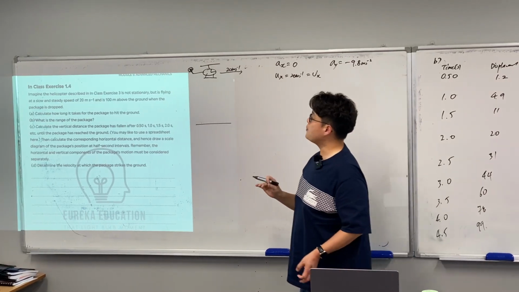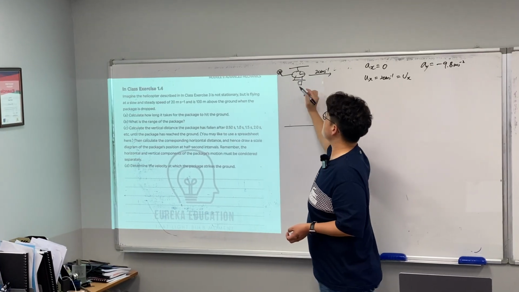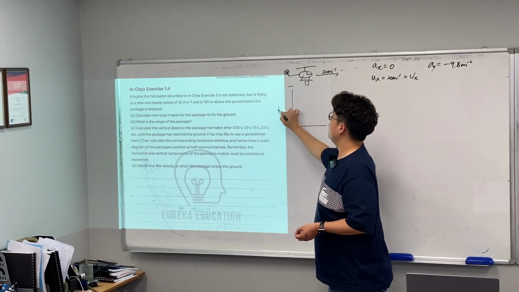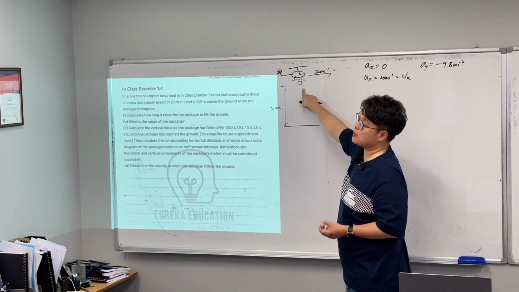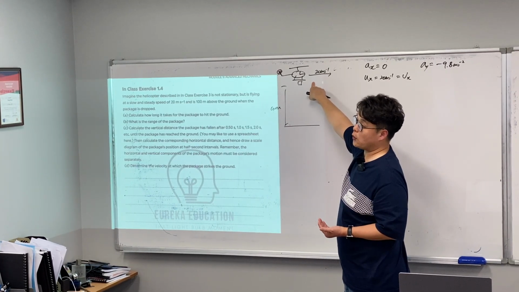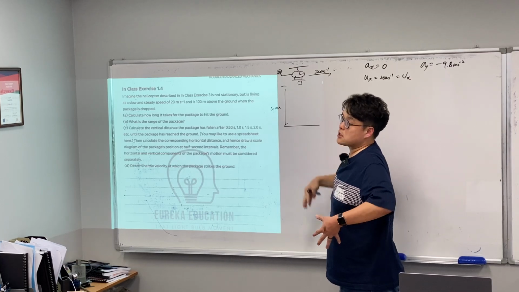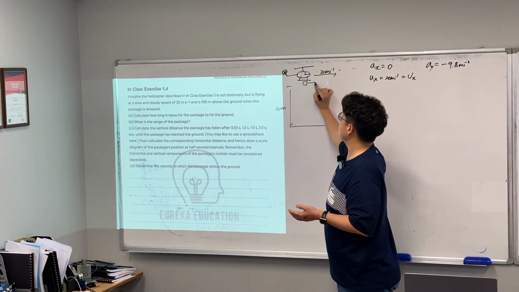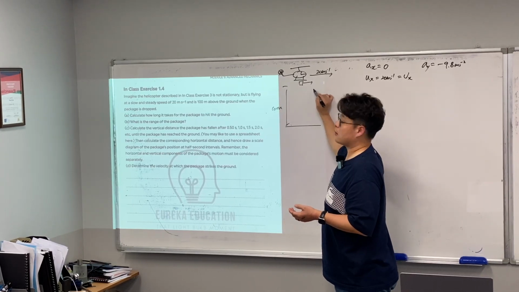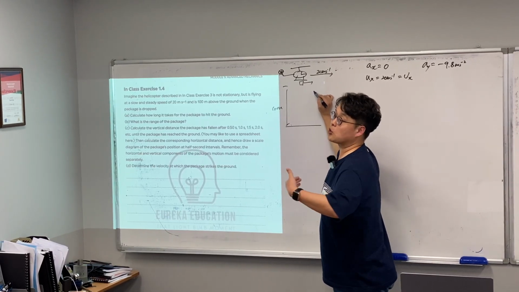So what happens if the package is dropped from 100 meters? We expect the package was moving along with the helicopter at 20 meters per second forward. So it has forward motion and will keep moving forward at the time it's dropped.